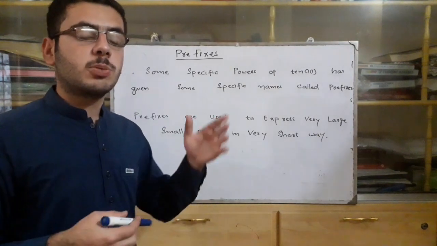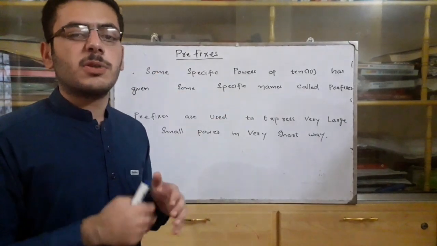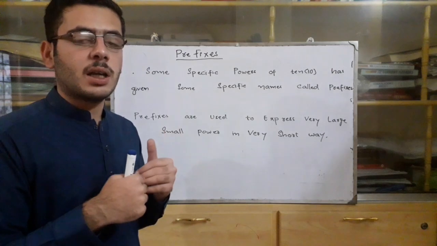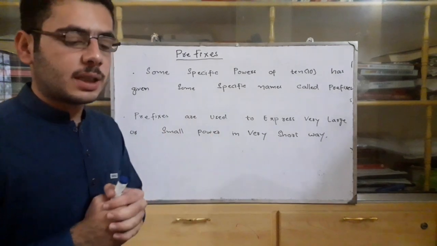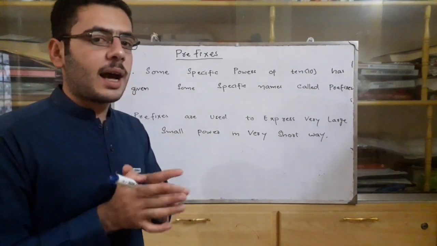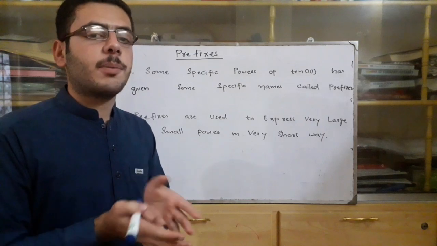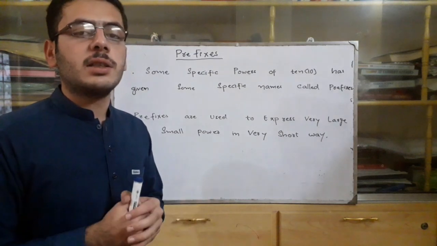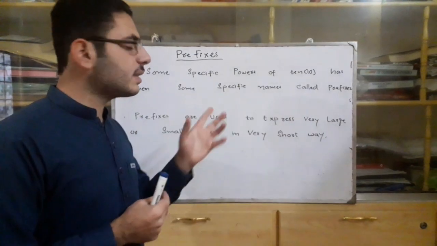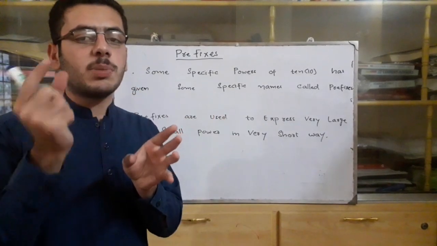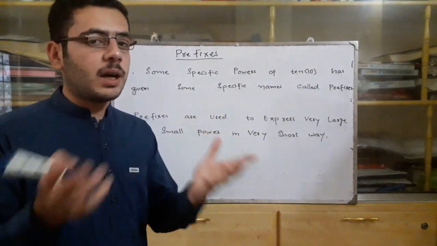So 10 raised to power 50, 60, 70 would be too tough for us to write. So physicists thought of something that makes writing easy. Prefixes are used to write a large power or a small power in a very short way.